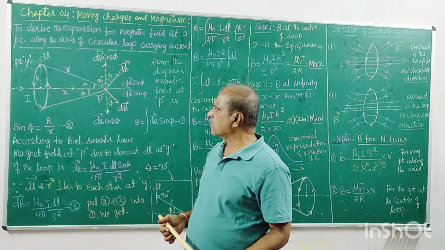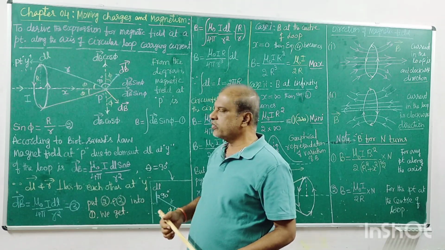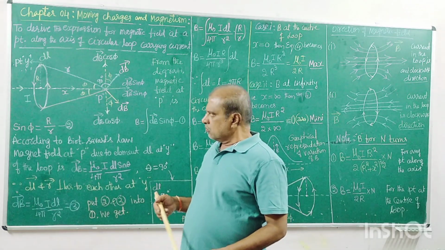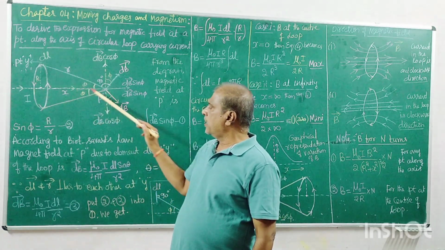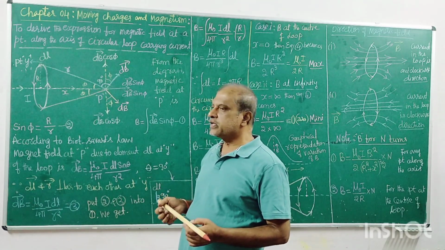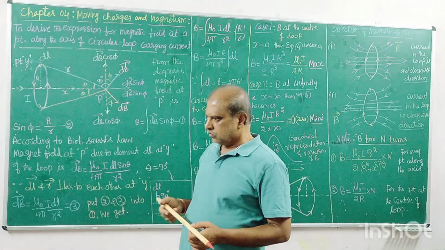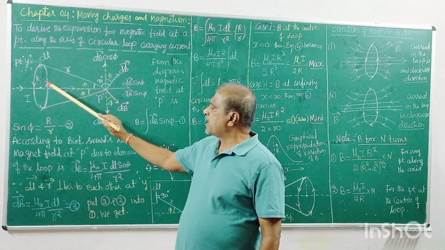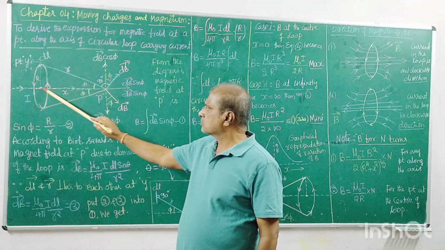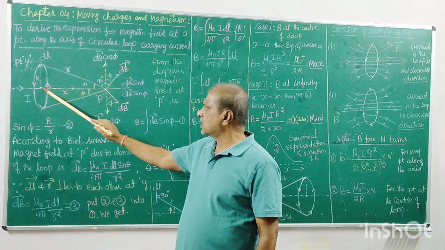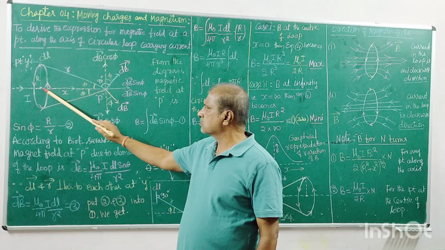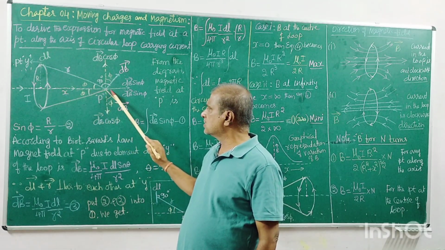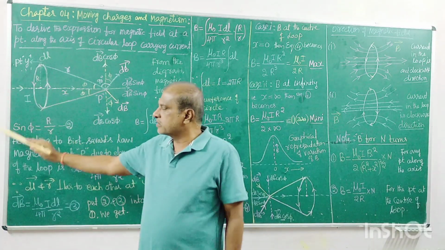And this magnetic field, the field strength along the line, varies. The value is maximum at the center point. It decreases as you move away from this point, either in this direction or in that direction.